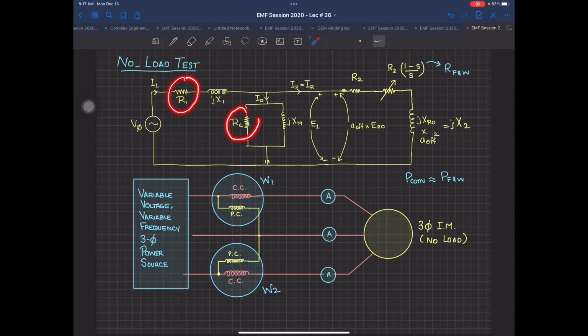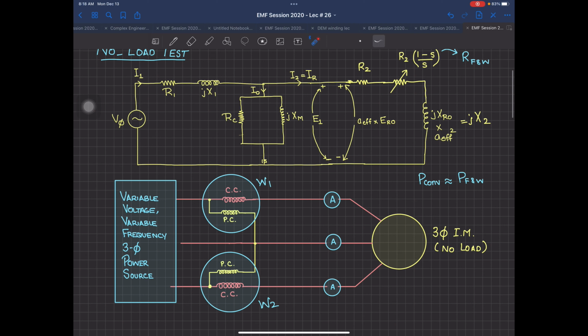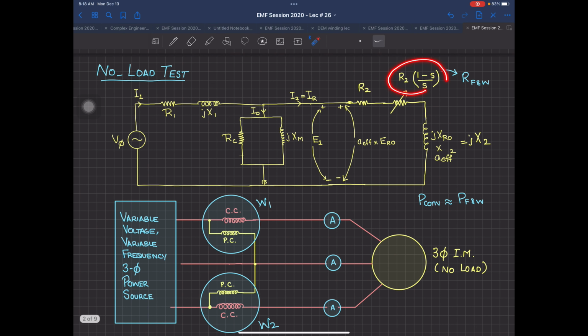It's going to be used inside this RC, and it is going to be used inside these two resistances, which are R2 by S. But the reason I have taken them as two separate resistances is that R2 corresponds to the rotor copper losses, and R2 into (1 minus S) divided by S is the power converted. So that's why R2 (1 minus S) over S, and if it is working at no load, the slip is not going to be more than something like 0.01 or 0.02, if it's a good machine.